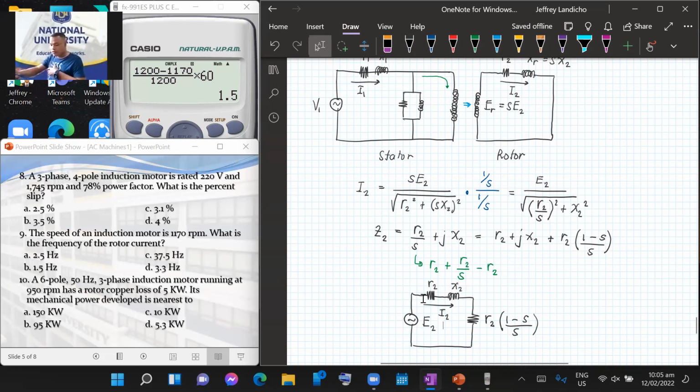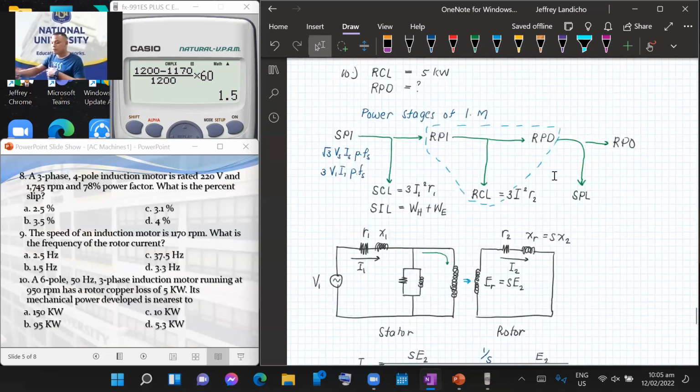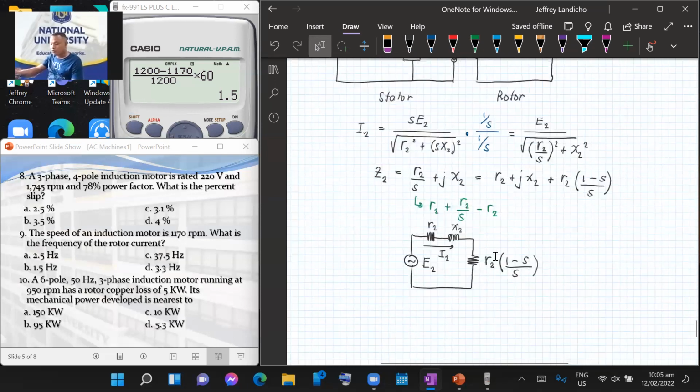Now, i-trace natin, dadaanan ngayon si R2. Tatanggalin natin sino? Yung ating rotor copper loss. After mong tanggalin si rotor copper loss, sino na ang makikita natin? This resistance. So the power absorbed by this resistance represent your RPD. So kasi ito yung equivalent resistance of the power developed.